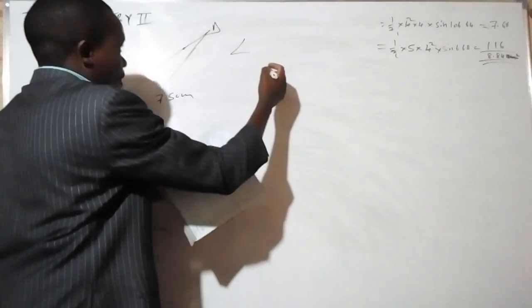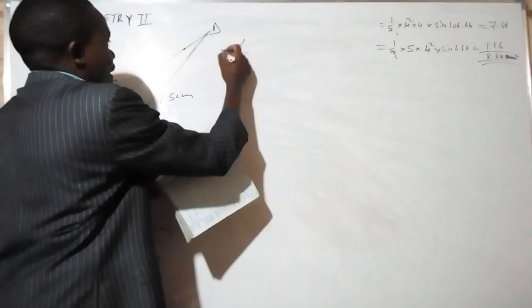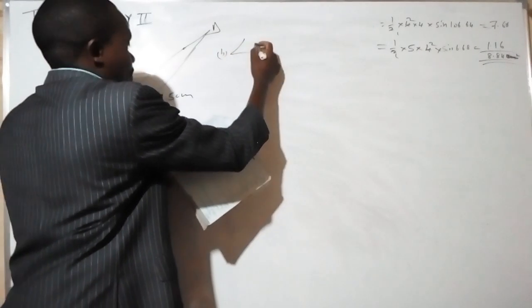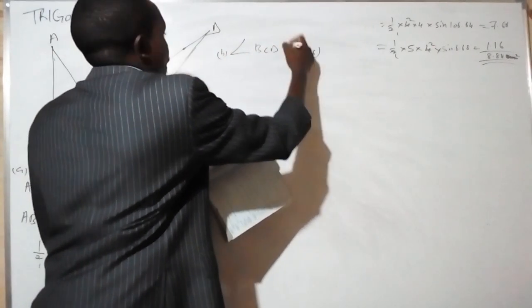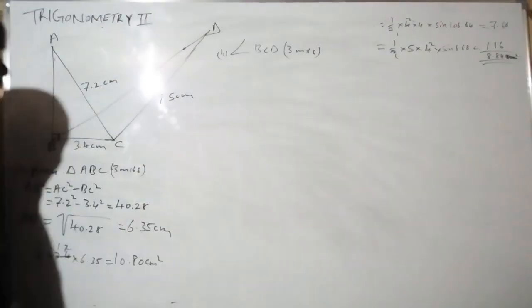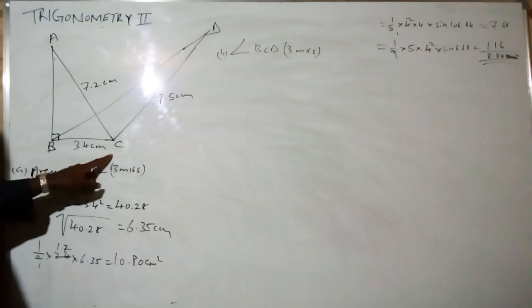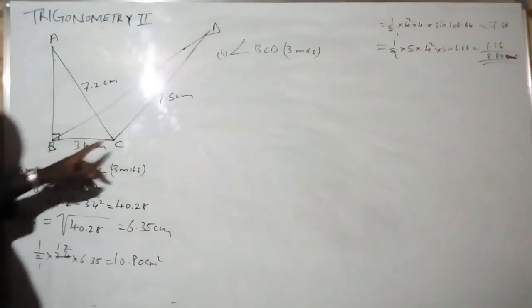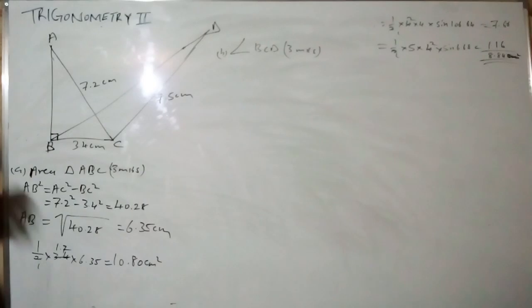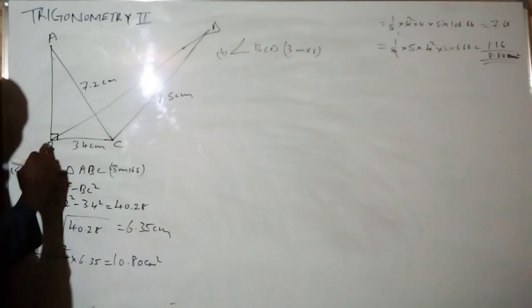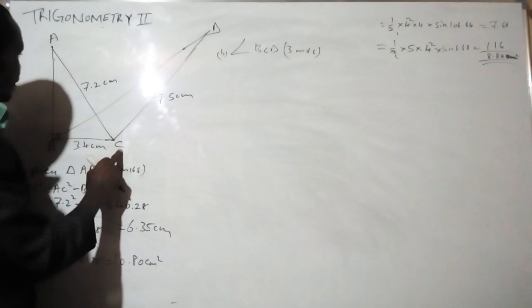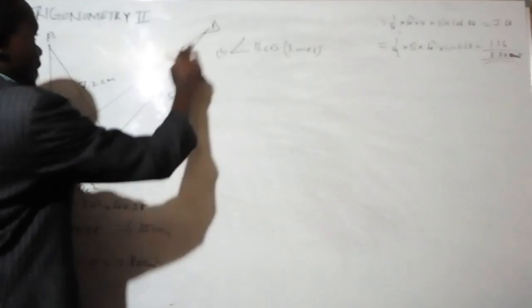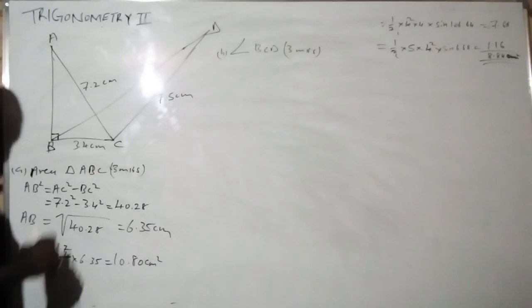The size of angle BCD. This angle is more than 90.